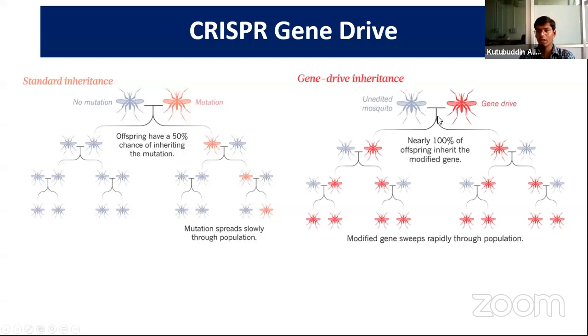So it's called gene drive. When a gene drive containing mosquito is mated with the wild type one, nearly 100% of the offspring inherit the modified gene in almost 3 to 4 generations. All the population would carry that same mutation. So the hypothesis here is, if you generate a mutation that makes them sterile, they would no longer produce eggs.